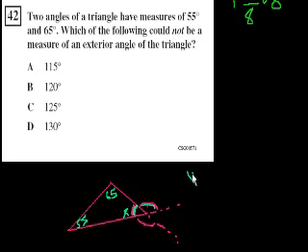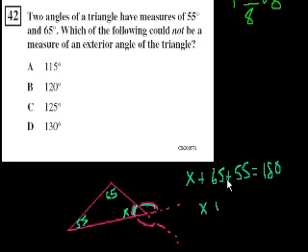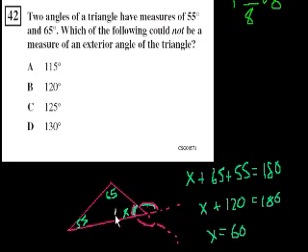So we know that x plus 65 plus 55 is equal to 180. x plus, let's see, 65 plus 55 is 120. 120 is equal to 180. So x is equal to 60 degrees. So this angle right here, I'll do it in another color, this is 60 degrees.